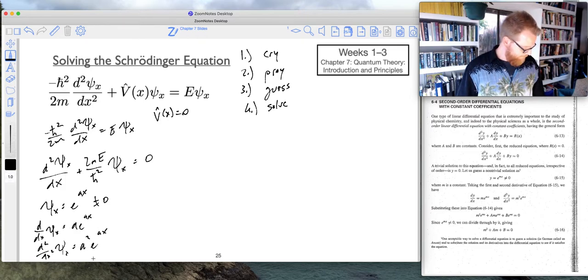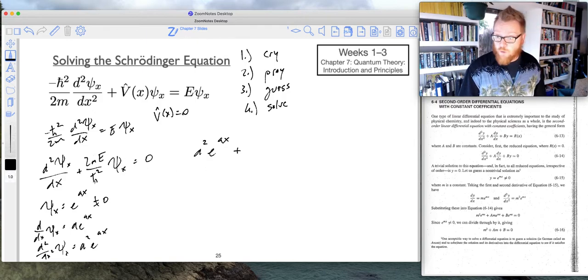Okay? And now I can plug these back into my reduced equation. And that's going to go as the following. The second derivative of psi is a squared e to the ax plus 2mE over h bar squared.